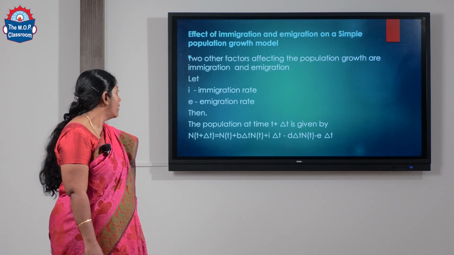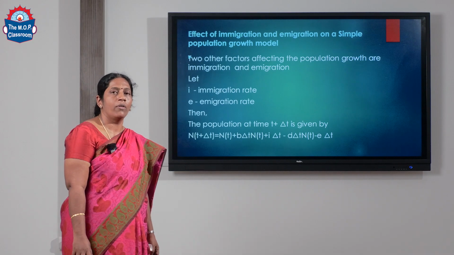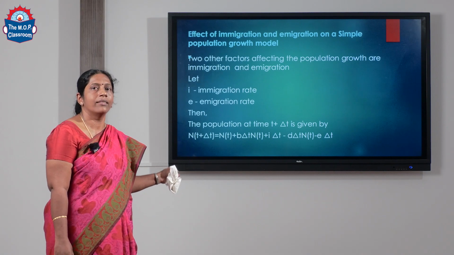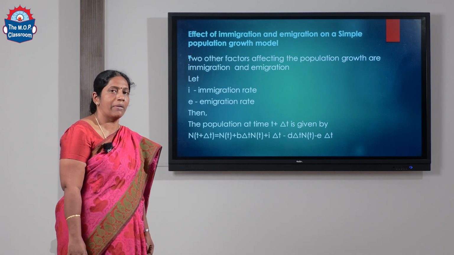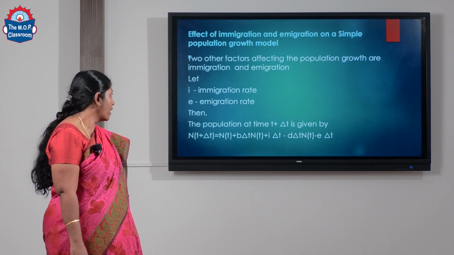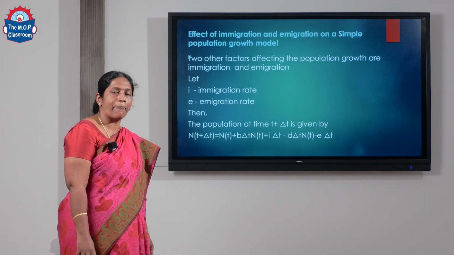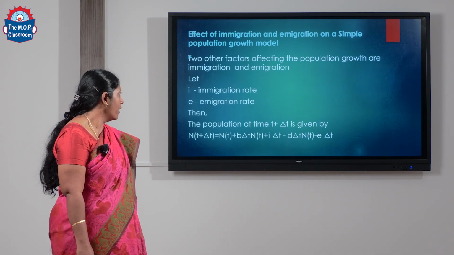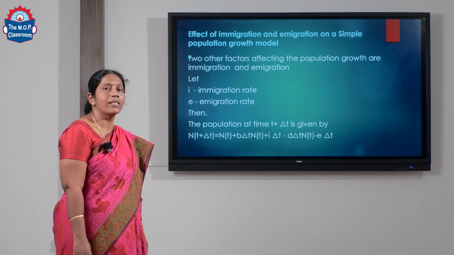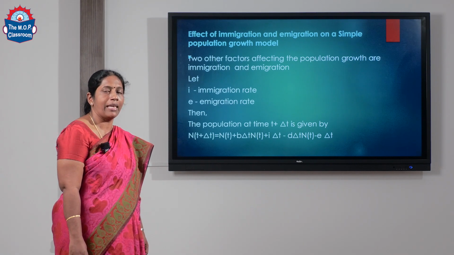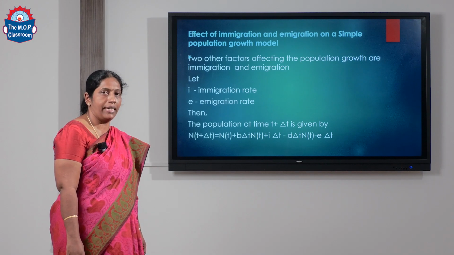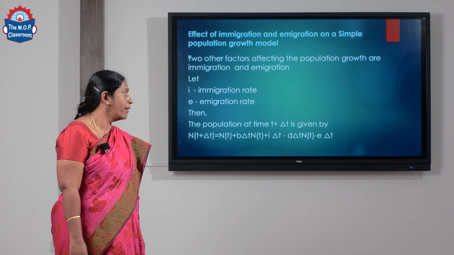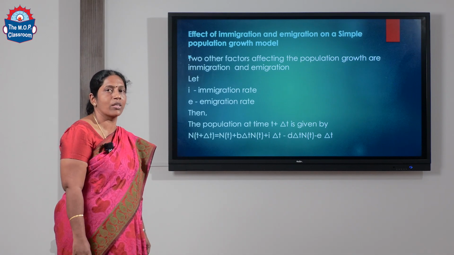Then, using the same approach as in the simple population growth model, N(t plus delta t), that is, the population size at time t plus delta t, is given by N(t) plus the births in the time interval delta t, which is b delta t N(t), plus I delta t, the number of individuals immigrating into the population in the interval delta t, minus the number of deaths in the interval delta t, minus the emigration in the interval delta t.